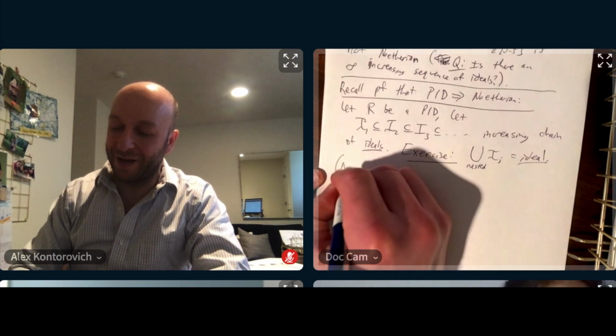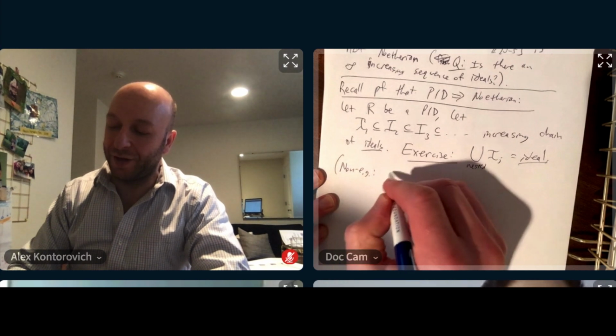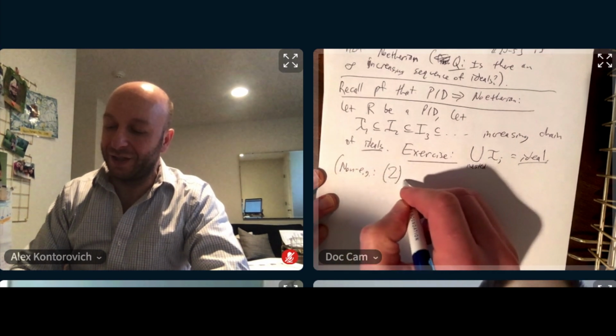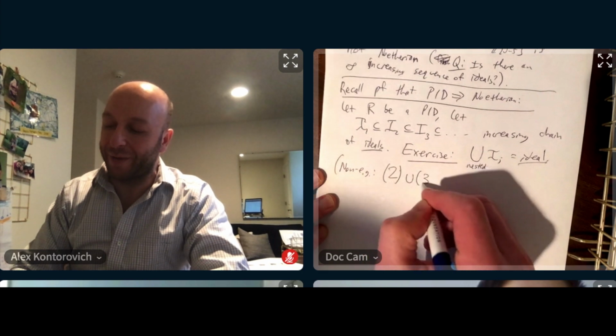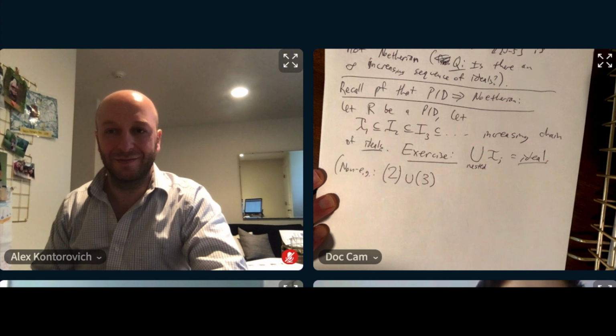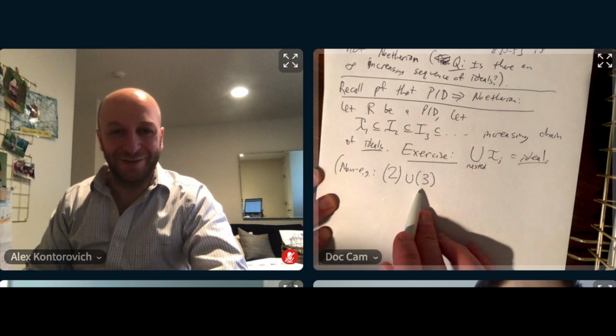So a non-example. What is the union of the ideal generated by 2, just in the integers, union the ideal generated by 3? Well, it would be nice if it were 6. That's a really good guess, Sarah.